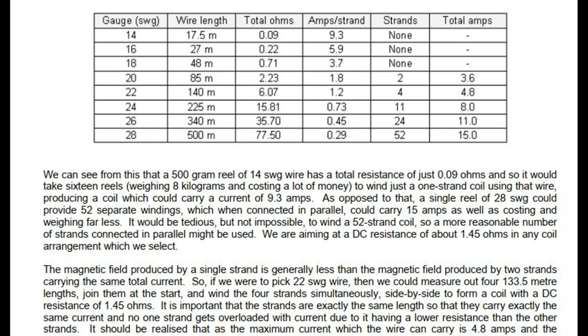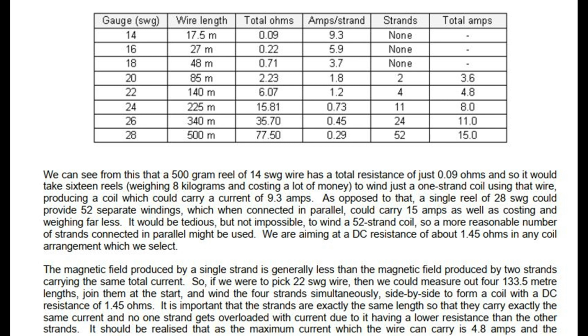As opposed to that, a single reel of 28 SWG could provide 52 separate windings, which when connected in parallel, could carry 15 amps as well as costing and weighing far less. It would be tedious, but not impossible, to wind a 52-strand coil, so a more reasonable number of strands connected in parallel might be used. We are aiming at a DC resistance of about 1.45 ohms in any coil arrangement which we select.